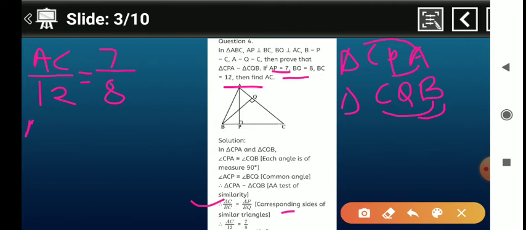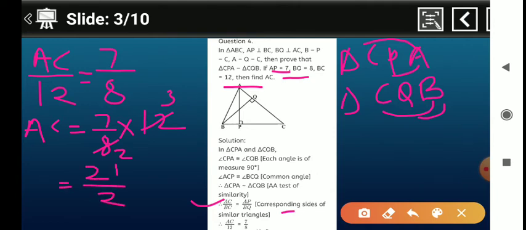So AC is equal to 7 divided by 8, and this 12 now becomes multiplication, so into 12. Now divide by 4. 4 twos are 8 and 4 threes are 12. Then 7 into 3 becomes 21, divided by 2. 21 divided by 2. 2 ones are 2.